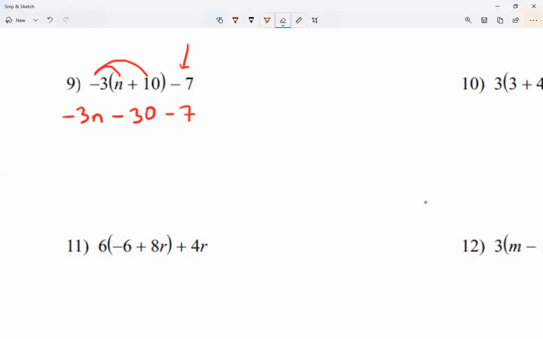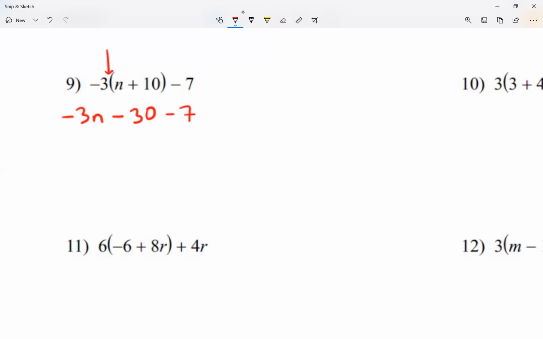Now, one thing, some people might wonder, how do I know which number do I multiply to the inside of the parentheses? Do I multiply the -3 or do I multiply the -7? The number you're going to multiply is the number that has nothing in between such number and the parentheses. Notice how the 3 and the parentheses, there's nothing in between them.